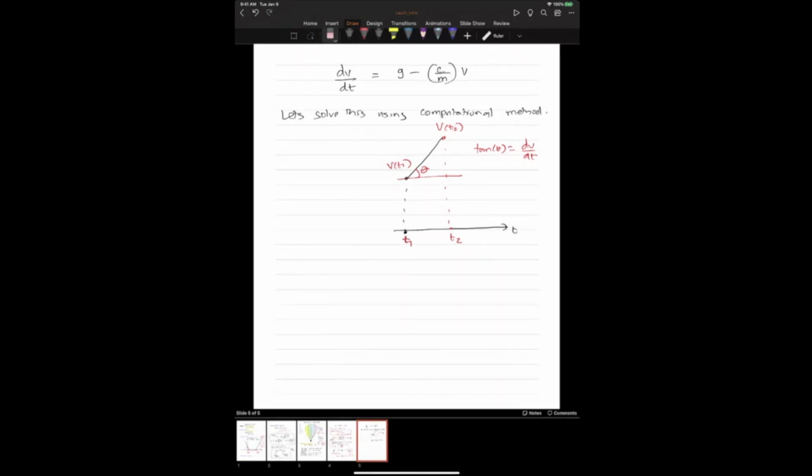So approximately, dv by dt at that time will be v(t2) minus v(t1) over t2 minus t1. So this is the intuition that we are going to use.